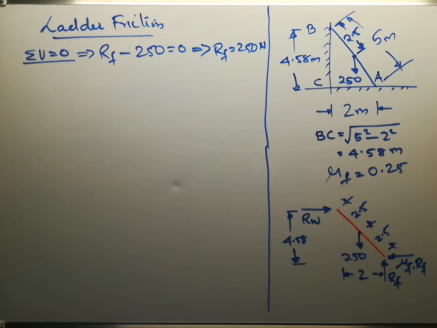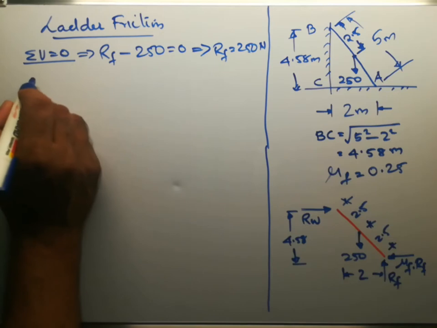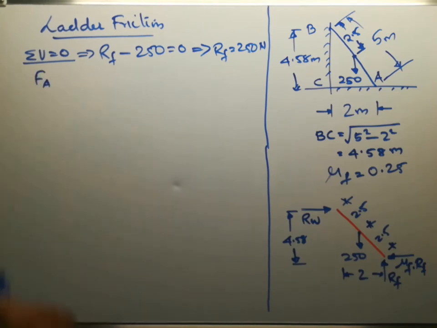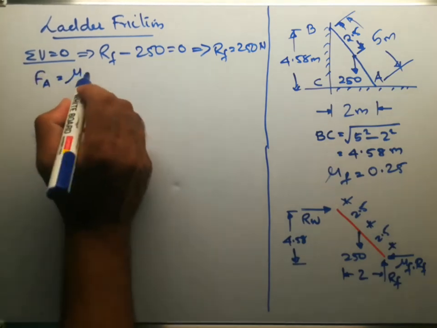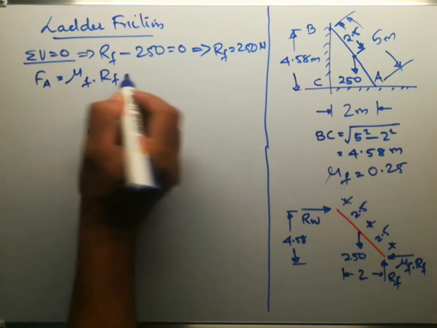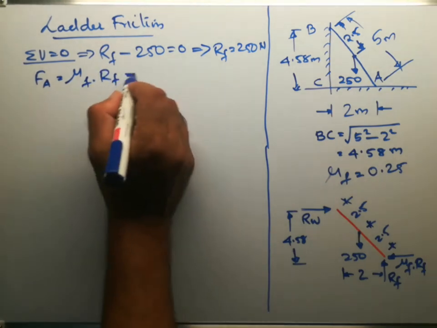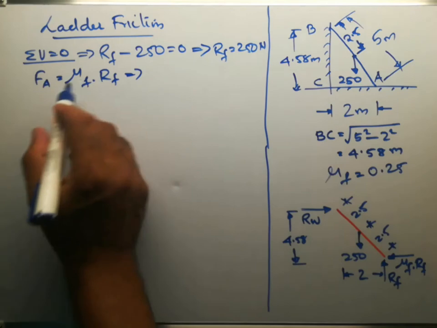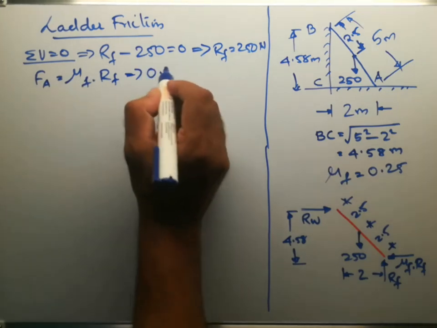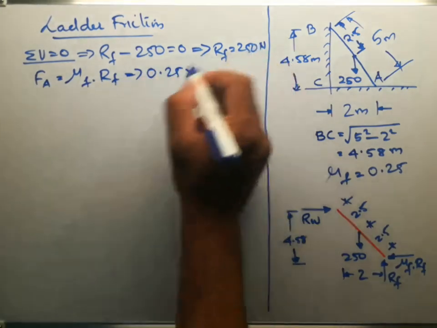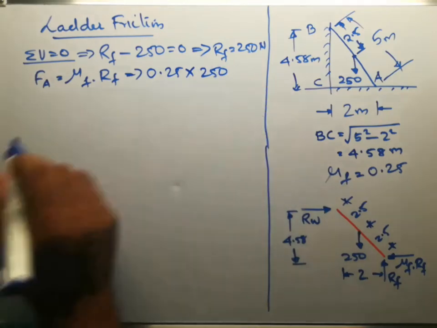Then the limiting frictional force equation we know: FA is equal to mu F into RF. That is, mu F is 0.25 into RF is 250.